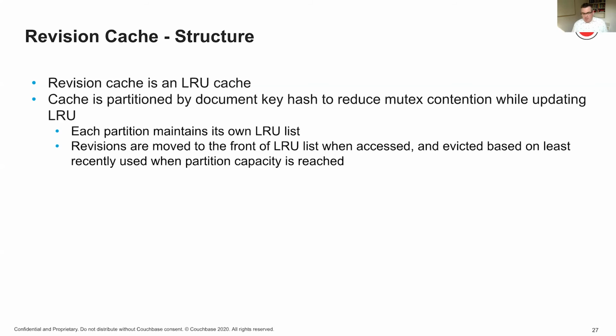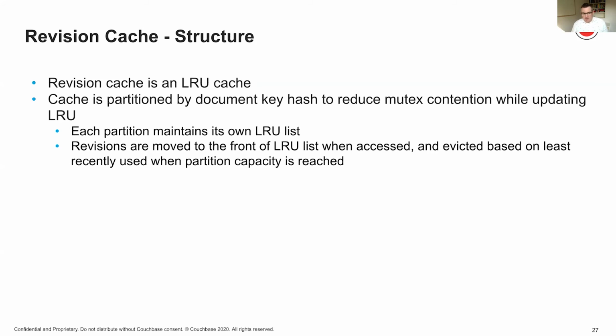But one aspect of an LRU cache is every time there's a read on a document, we need to update that LRU list. And so that requires obtaining a write lock on that list such that we can update it. Under very high contention, when you've got a lot of clients concurrently trying to replicate, the work to update the LRU list can become a performance bottleneck.